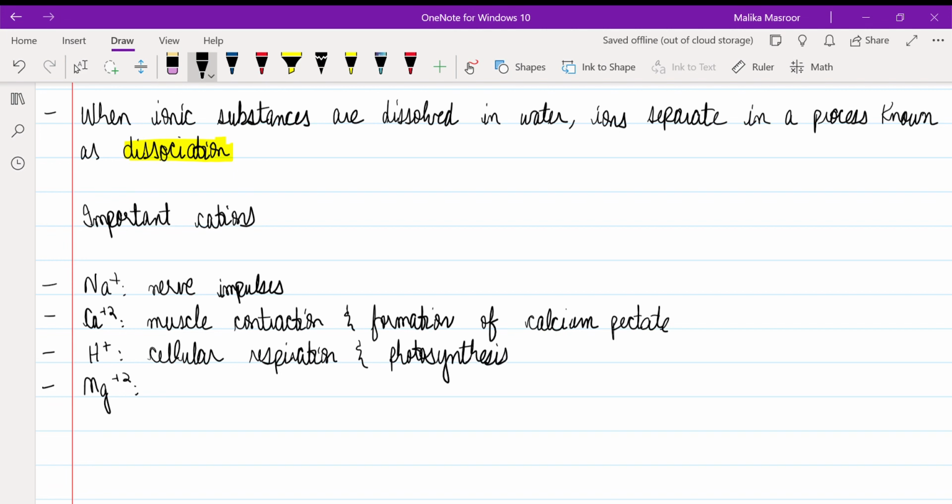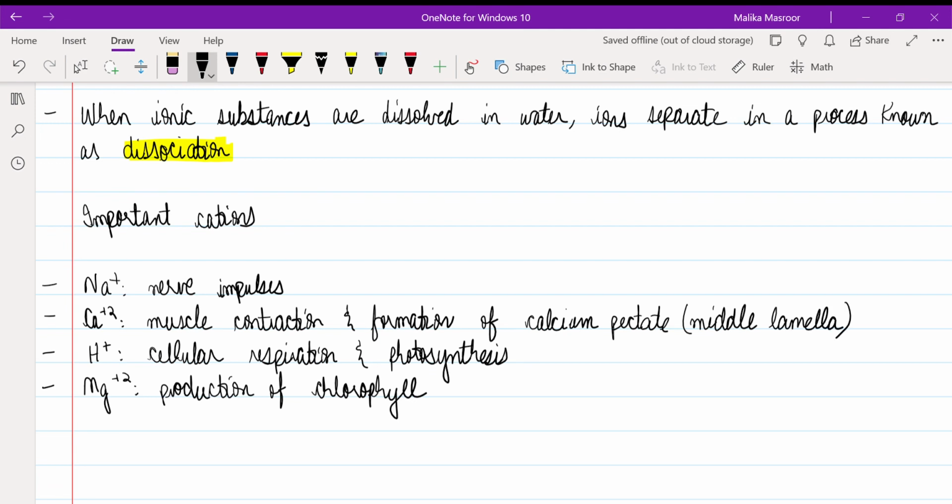And your magnesium helps in production of chlorophyll, again a function that is related to your plants. One more thing I'd like to add is that your calcium pectate is used in your middle lamella. So that's the middle layer. Now we're going to talk about it in the plants chapter.